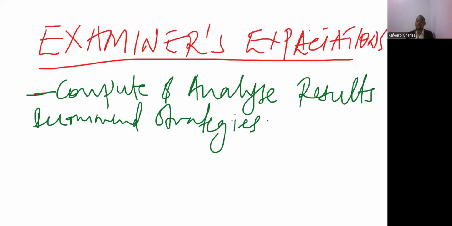Remember, I told you the question is basically going to be on a scenario basis. So you'll find yourself having to explain what the organization can do to embark on the given aspect or the given scenarios within the case that they have presented in the question. They may give you a scenario, let's say they may talk about NSSF.